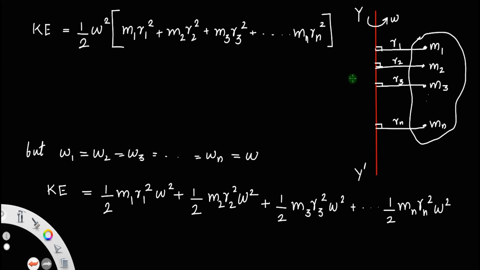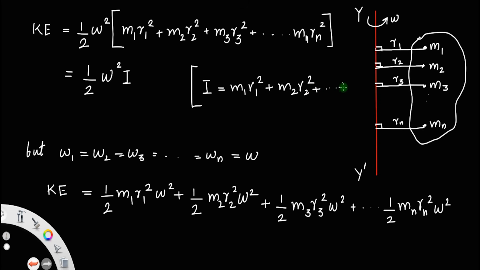But you know, mass times the square of the radius is the moment of inertia. So the moment of inertia of all the masses gives the moment of inertia of the rigid body. So this is equal to half omega square I, where I is the moment of inertia of the rigid body, since we have I equal to m1 r1 square plus m2 r2 square plus etc. up to mn rn square.